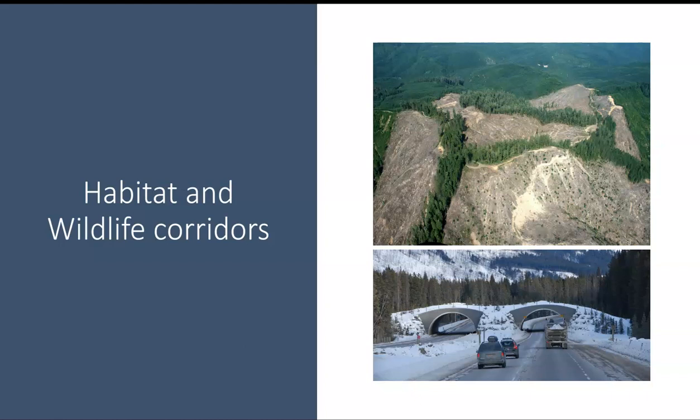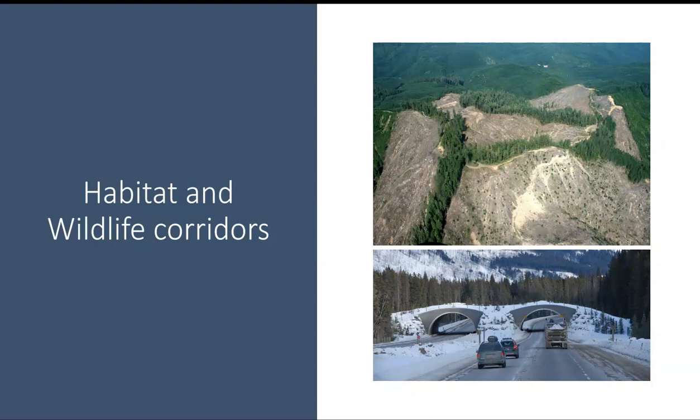Some species have a difficult time migrating across these clear-cut areas. So habitat and wildlife corridors help to minimize the effect of habitat fragmentation by providing pathways that organisms can navigate.